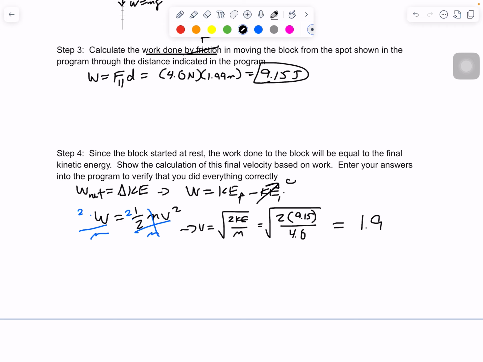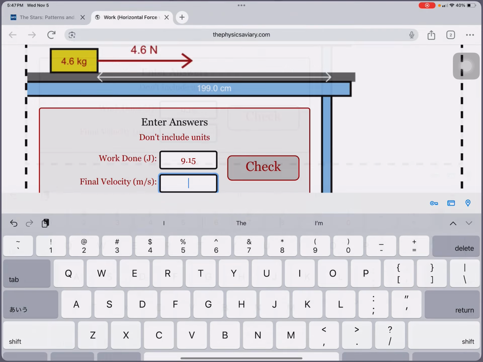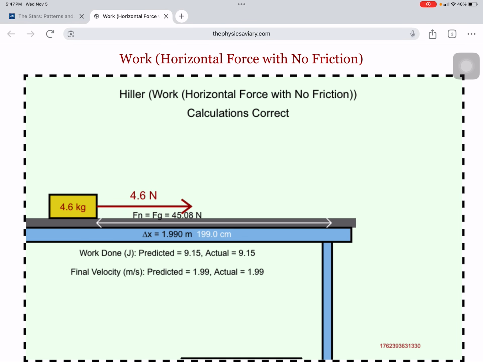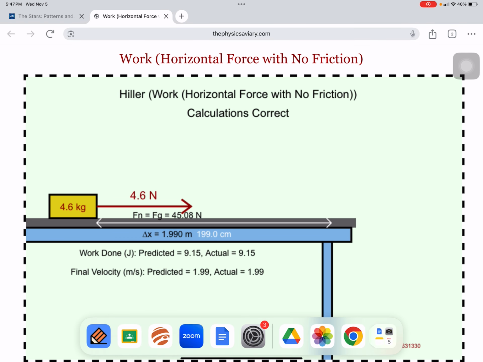All right, I'm looking at about 1.99 meters per second squared. Hopefully you were able to get question number 1 correct. If so, on to question 2.